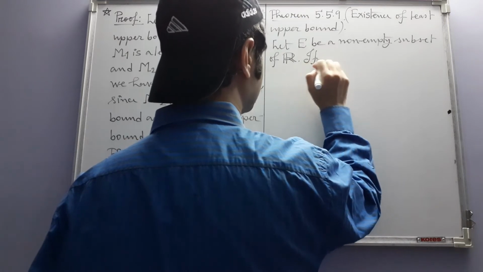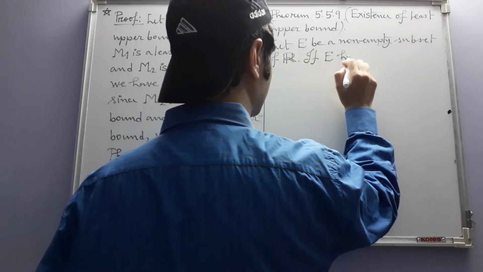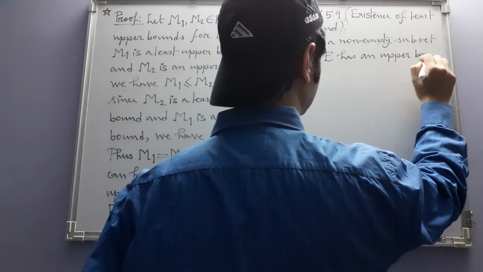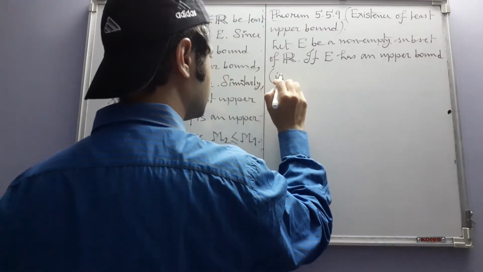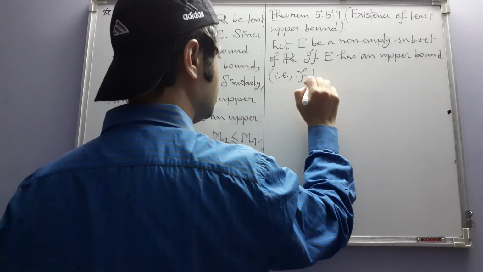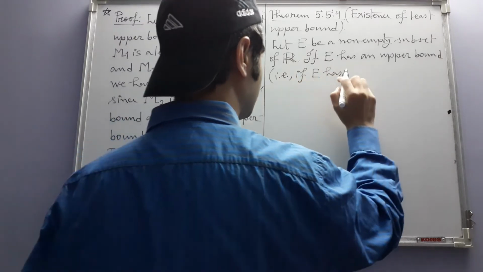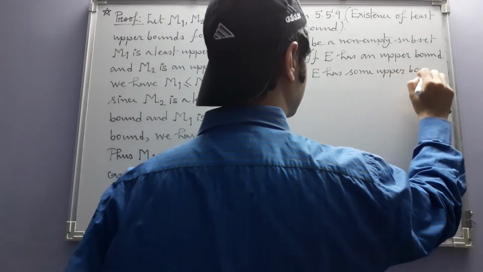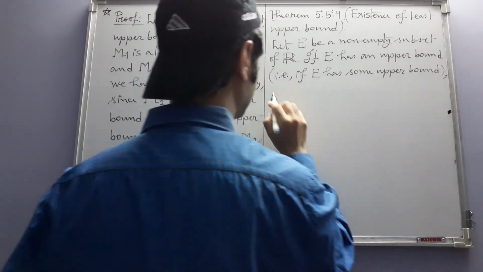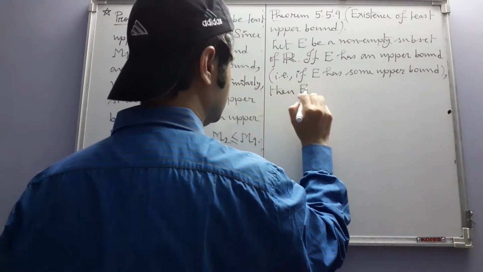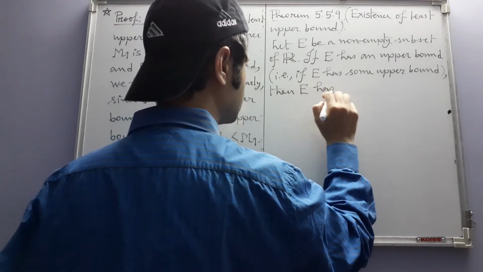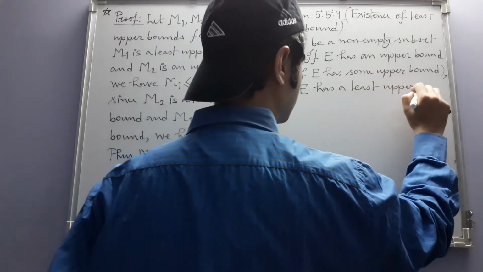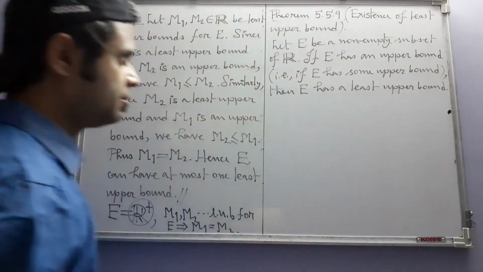If E has an upper bound, that is, if E has some upper bound, then E has a least upper bound.